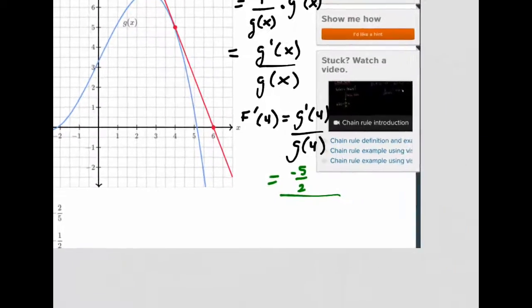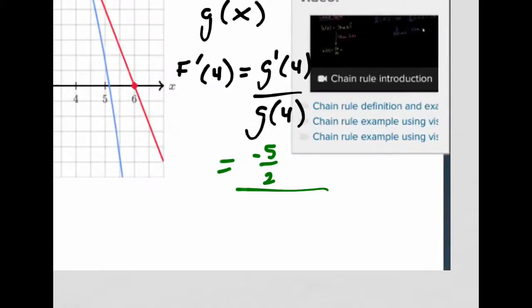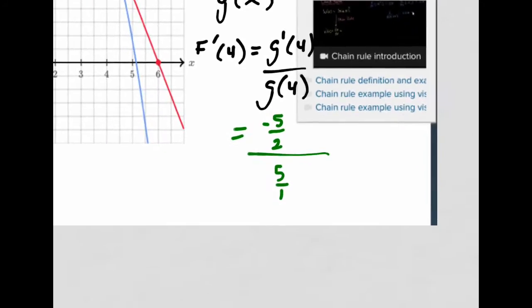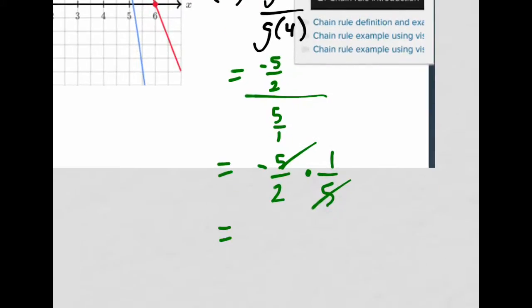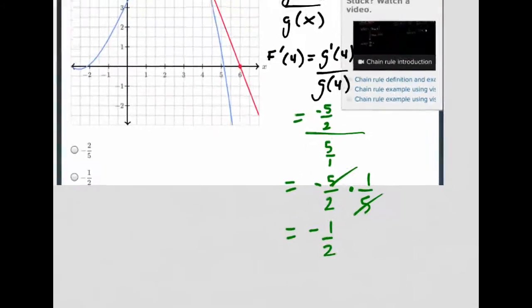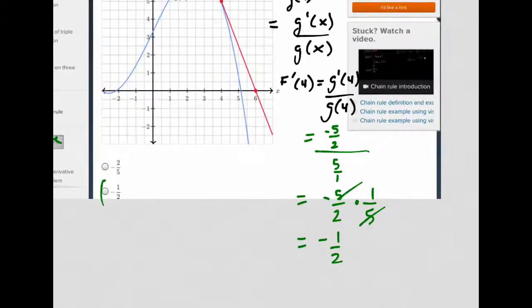So that's divided by 5, which is like 5 over 1. So I will flip the second fraction and multiply. I got negative 5 over 2, keep that one, times 1 over 5. Look at that. I get negative 1 over 2, and that would be my answer.